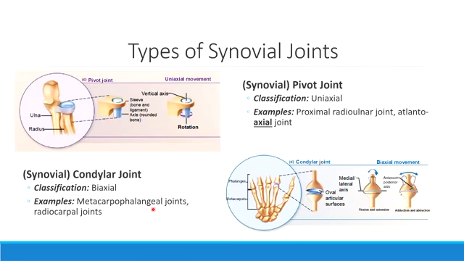So the metacarpophalangeal joints, the knuckles, and the radiocarpal joint. That's the one we were doing before, remember? The radius and the carpals, forward, backwards, side to side. So condylar joints, right here in the wrist, right here at the knuckles. Two directions, forward, backwards, side to side.